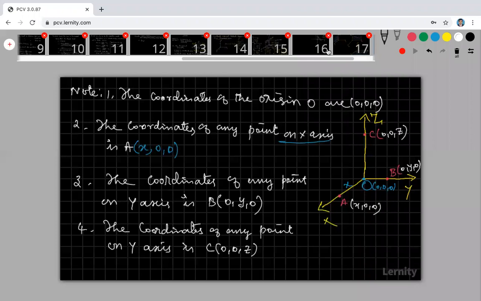Are you clear? Coordinates. Yeah, this is the Z axis only. Coordinates of any point on the Z axis are 0, 0, Z. Okay.